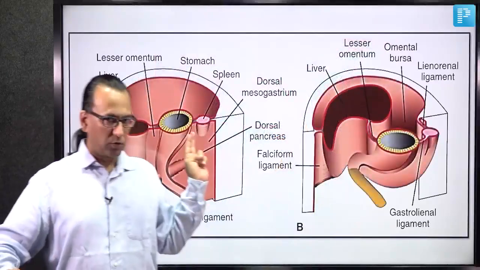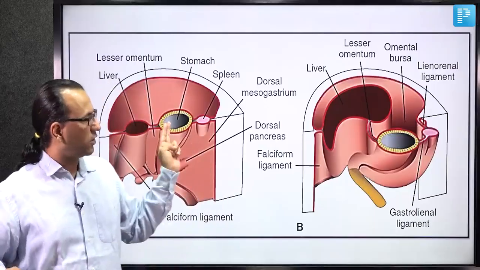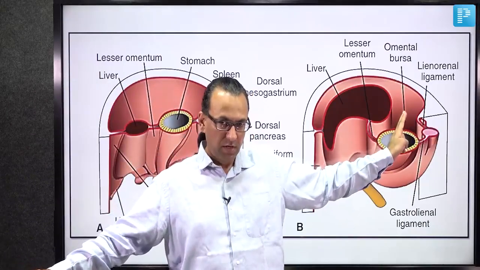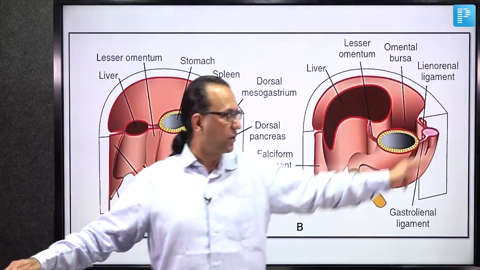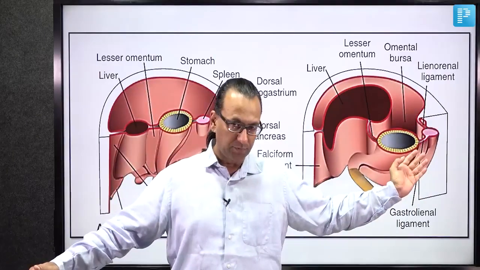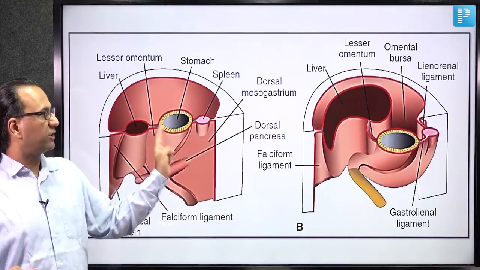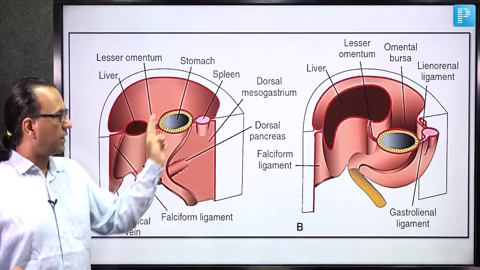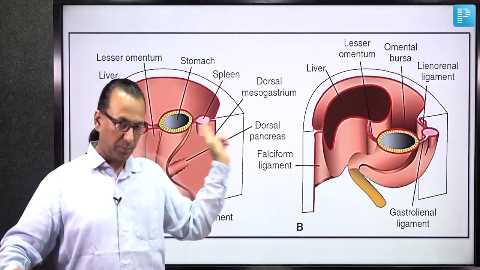This diagram is going to tell us about the formation of the lesser sac, which is a small space behind the stomach. Otherwise, most of the peritoneal cavity is the greater sac. If you remember, we have mentioned that the stomach's lesser curvature is anterior in the beginning and the greater curvature is posterior in the beginning.